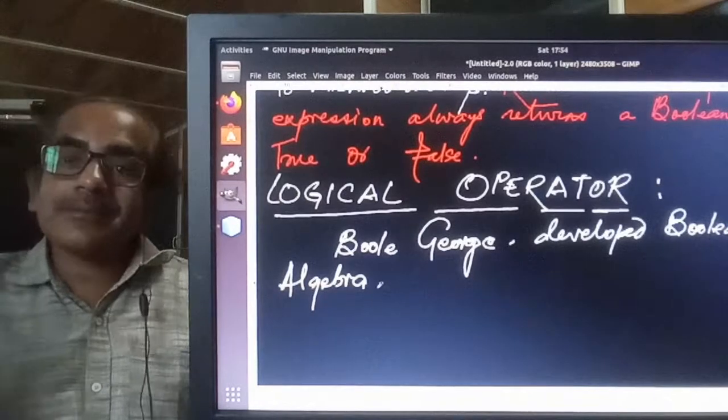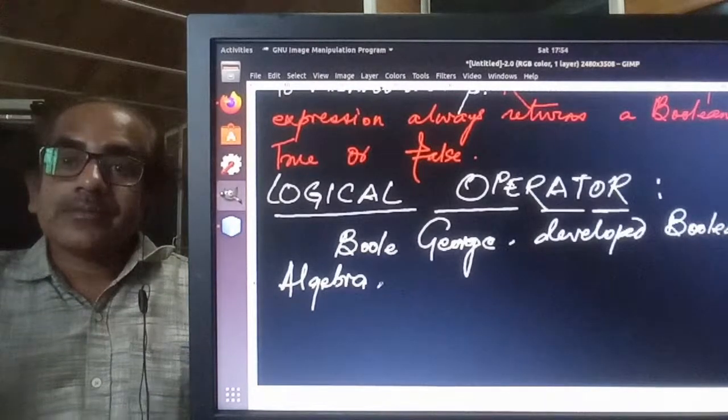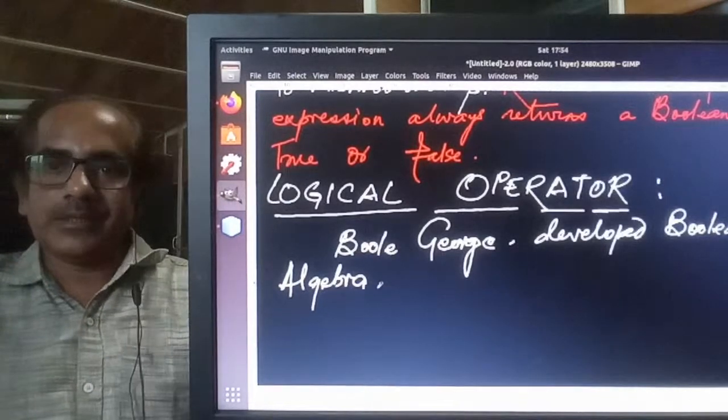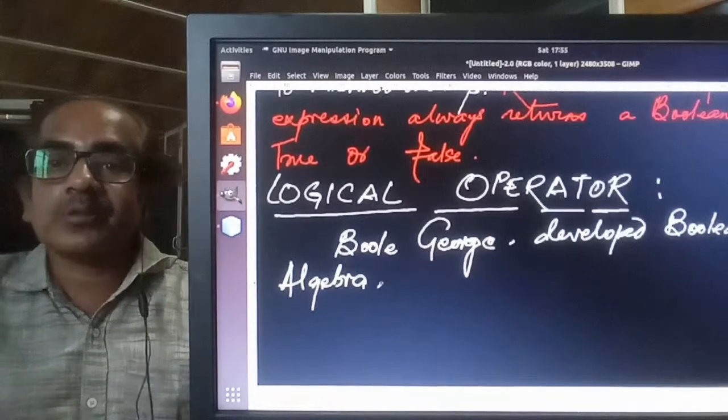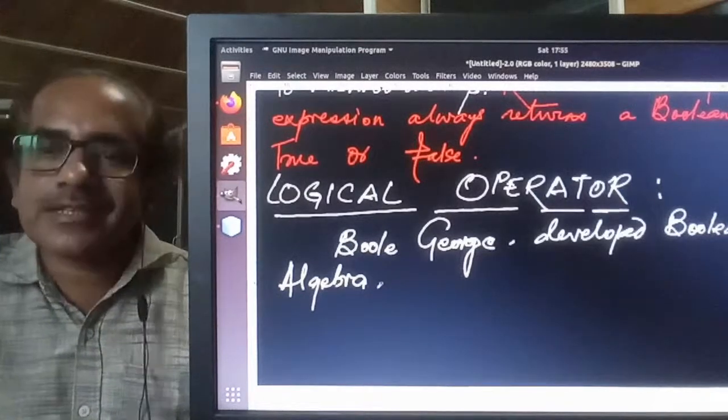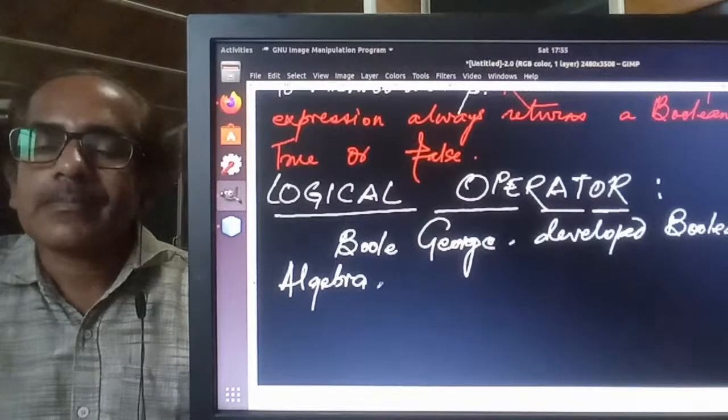And everything in the world, according to George Boole, is considered logical. Whether this is existing or not, let us take an example.